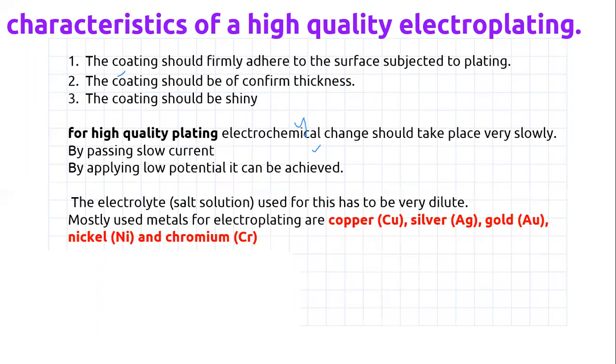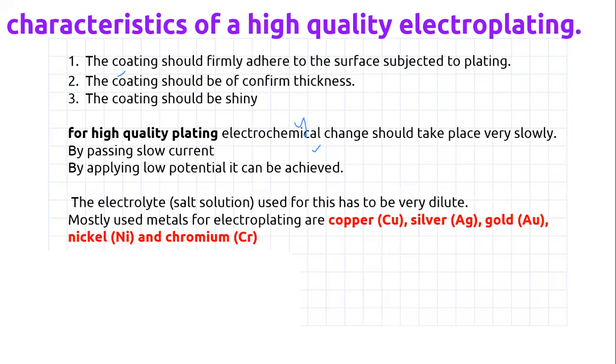And also, by applying low potential, it can be achieved. Right. So here, the electrolyte salt solution used for this has to be very dilute. Mostly for electroplating, we use copper, silver, gold, nickel, and chromium.